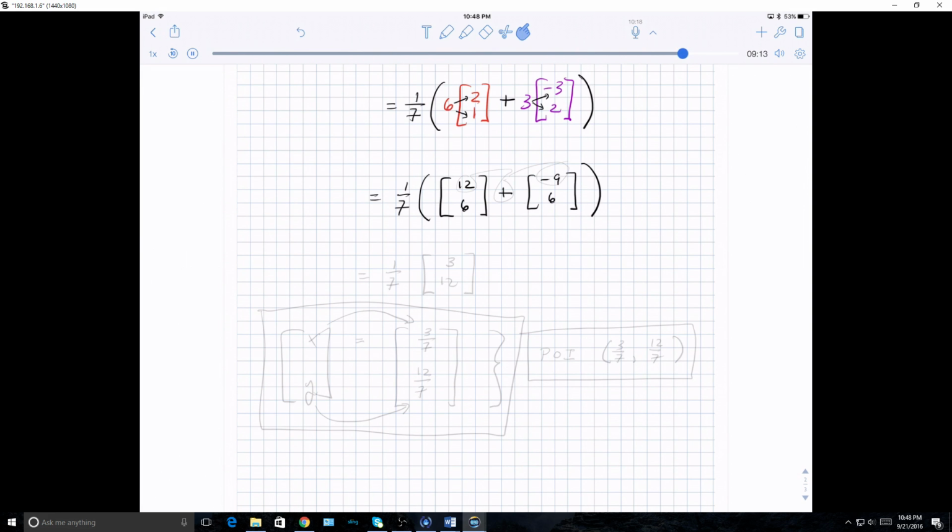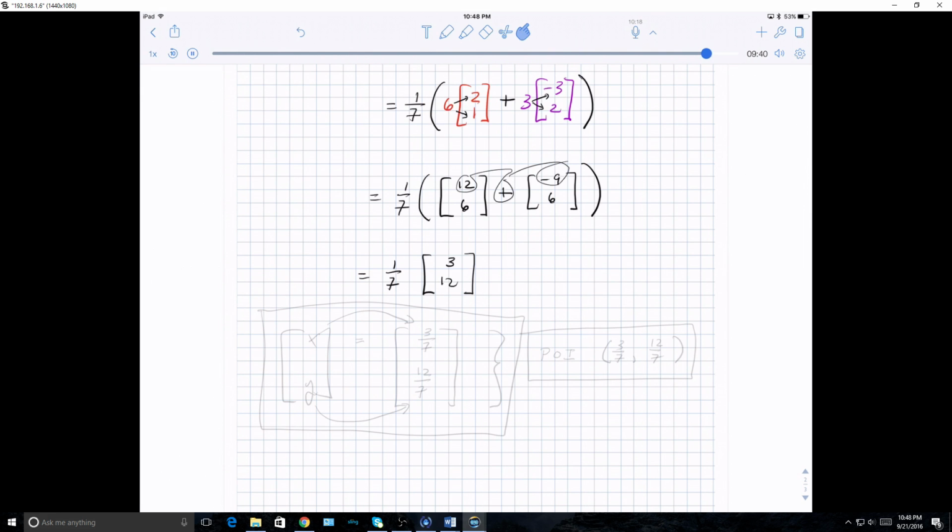And now we just do the combination. So 1/7. Now we'll put all of it together. 12 plus -9 is 3, and 6 plus 6 is 12. All right.